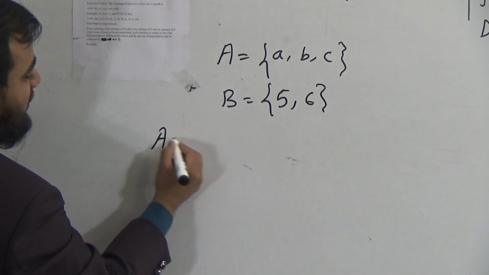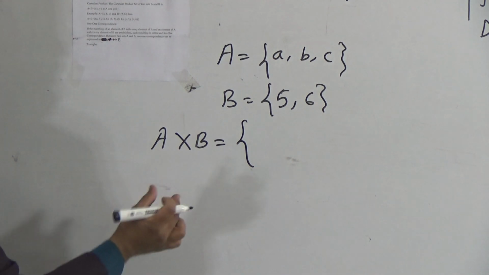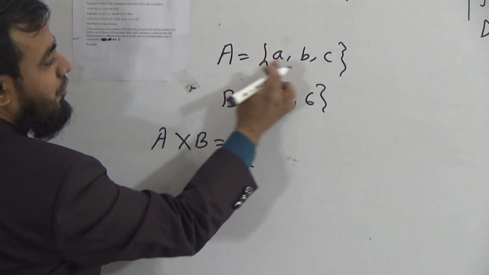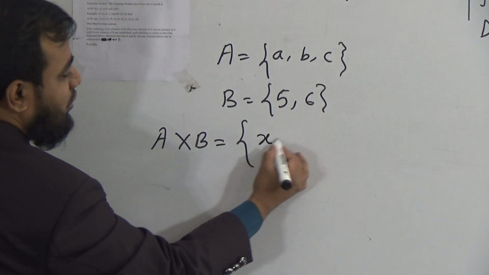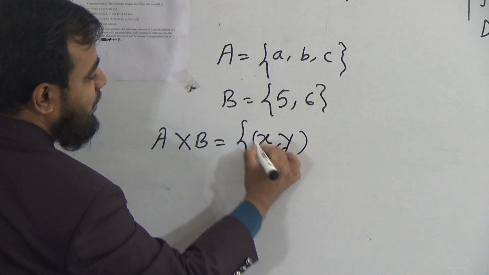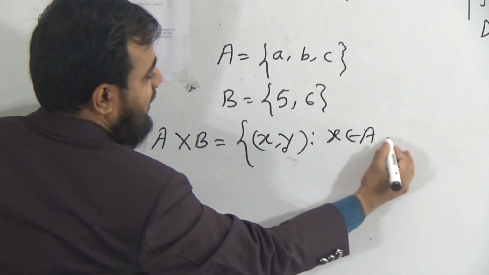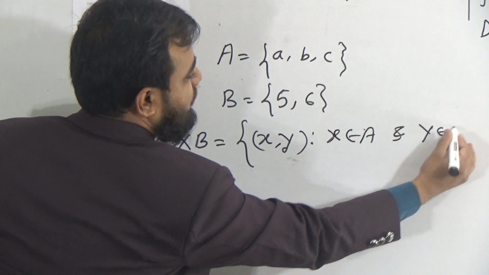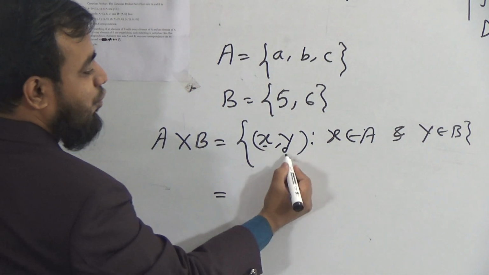So our cross product A cross B will be how much? A cross B will be all the pairs of A, B, C and 5, 6. That means all the pairs (X, Y) where X belongs to A and Y belongs to B. Look, X will be first, Y will be second.